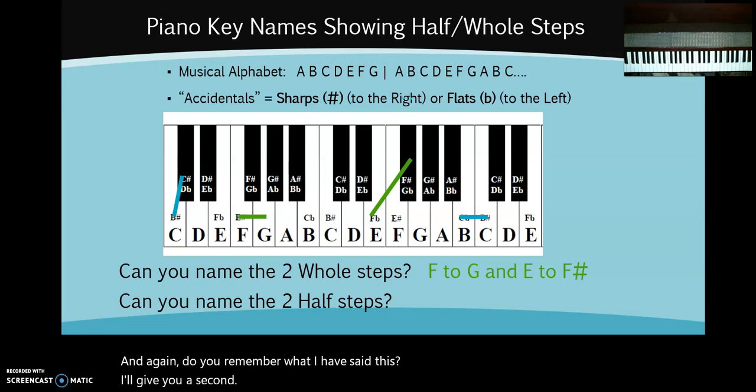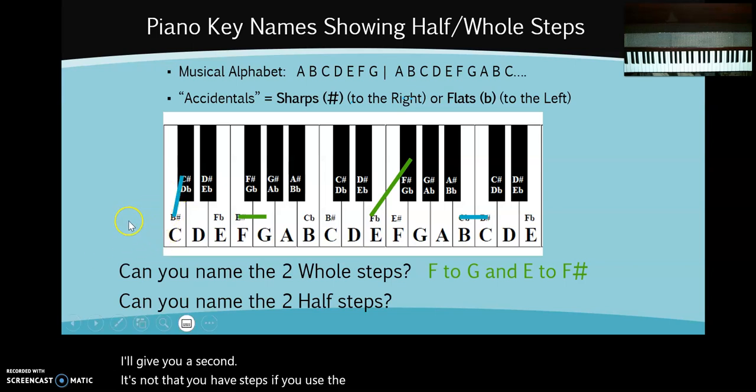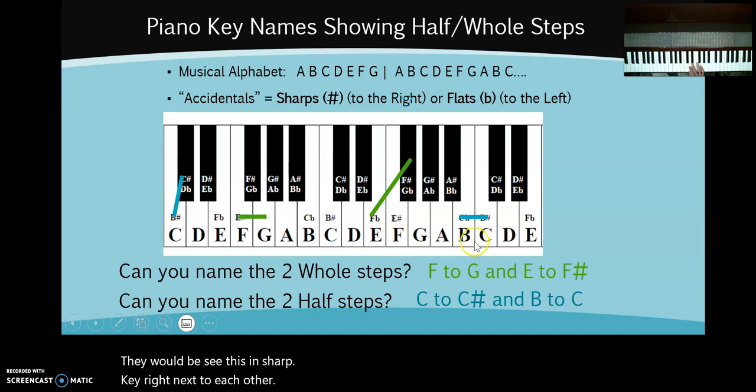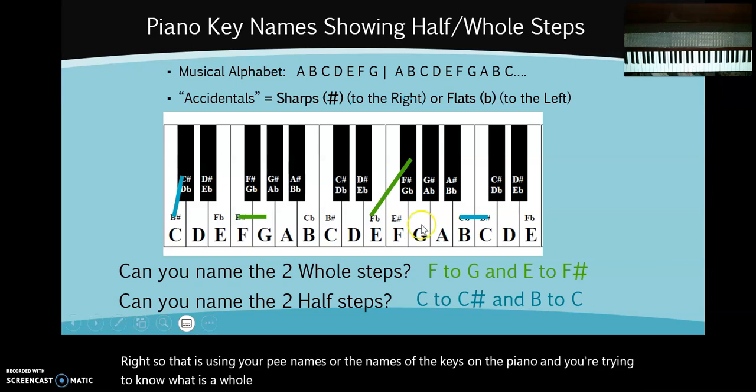So the 2 half steps, if you use the letter names to name them, they would be C to C sharp, keys right next to each other, and then B to C. So white to white, they would be right next to each other here. Right, so that is using your key names, or the names of the keys on the piano, and you're trying to know what is a whole step and how would you describe that.